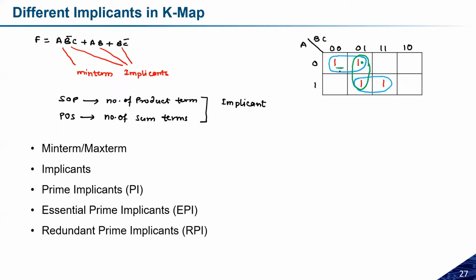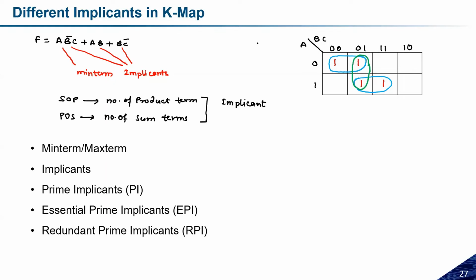So if each of its min terms is covered by any of the essential prime implicants, those implicants are known as redundant prime implicants. Redundant prime implicants are the group pairs whose variables are covered by the essential prime implicants.